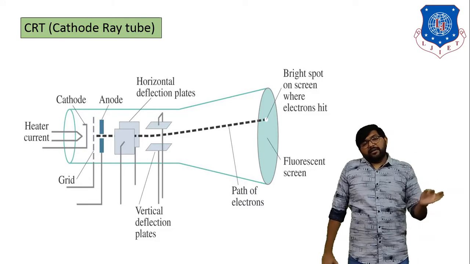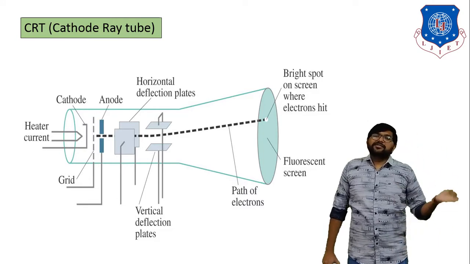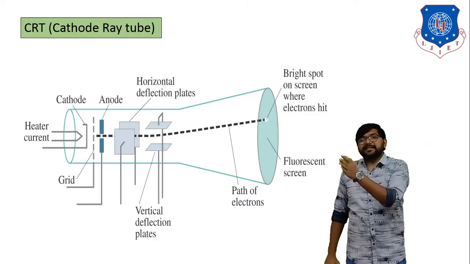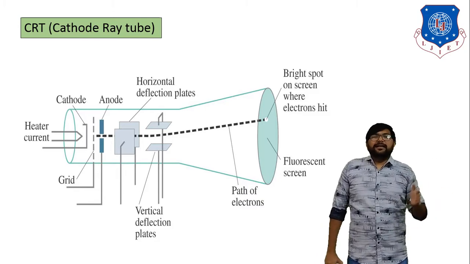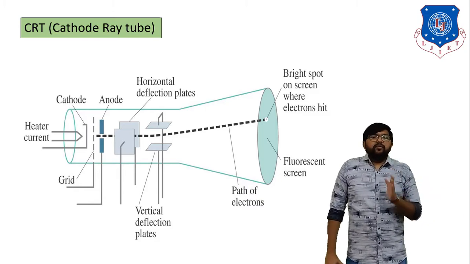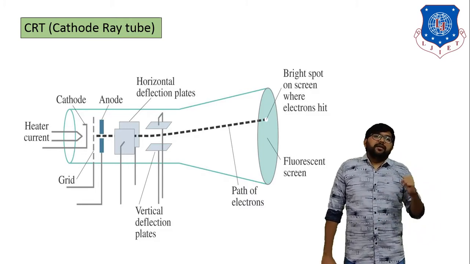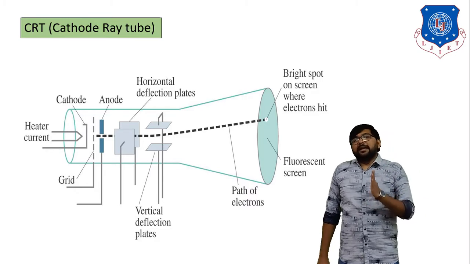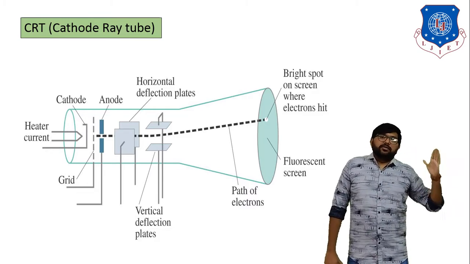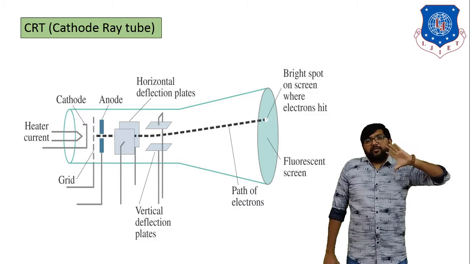Clear? And after that the electron beam strikes the fluorescent screen. If you want to picturize any image, any video, any graphics on the fluorescent screen, at that time you have to use the path of electrons.